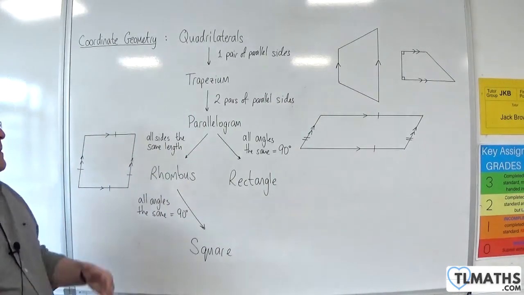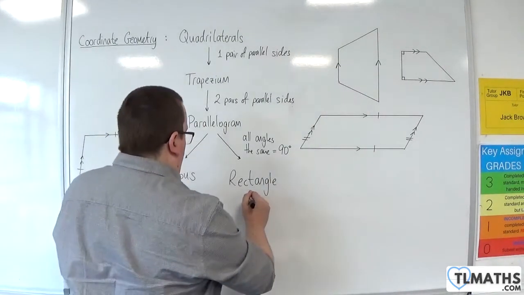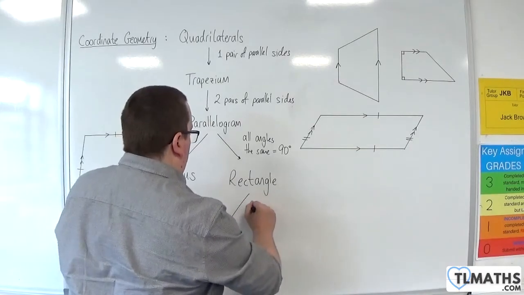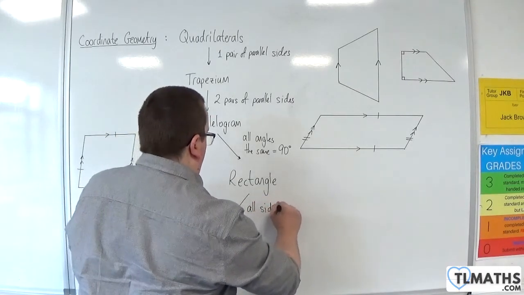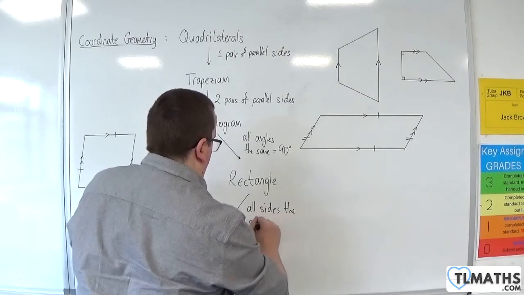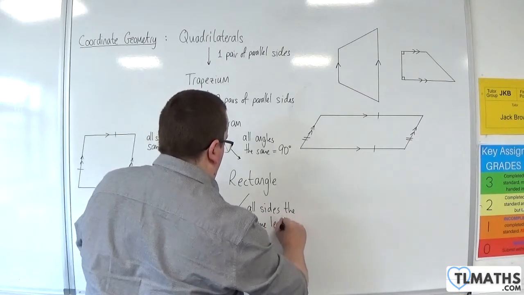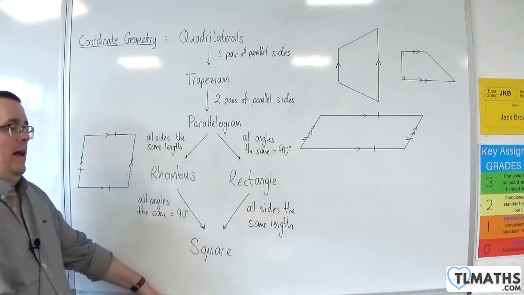Okay? And then if we make all the sides the same length, then we have a square.